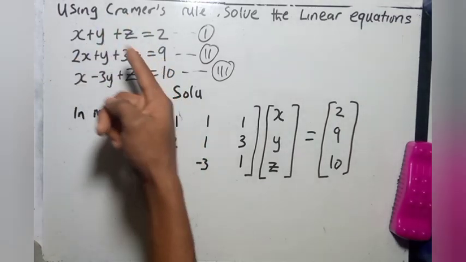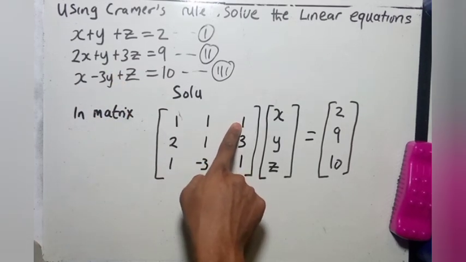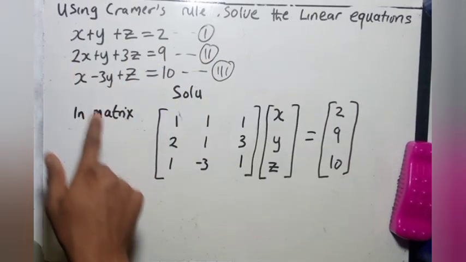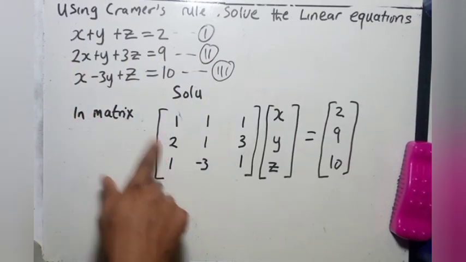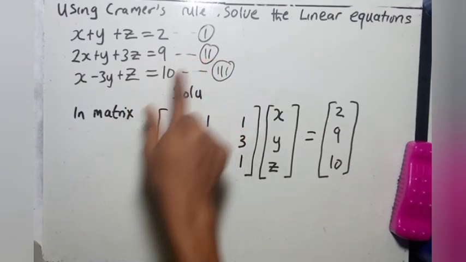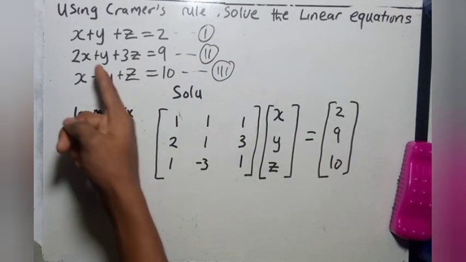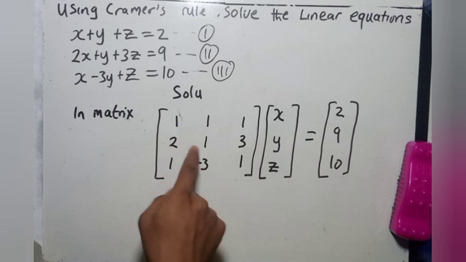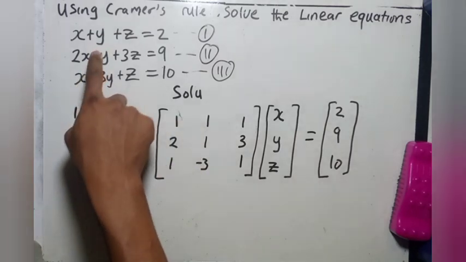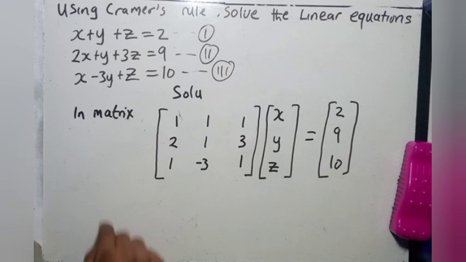What is in front of z is 1, we wrote it down. What is in front of x for the second equation is 2, we wrote it down. What is in front of y for the second equation, though we don't see it, we normally know is 1, because if it is 0, there will be no y value there.